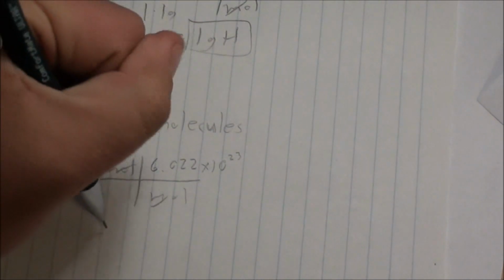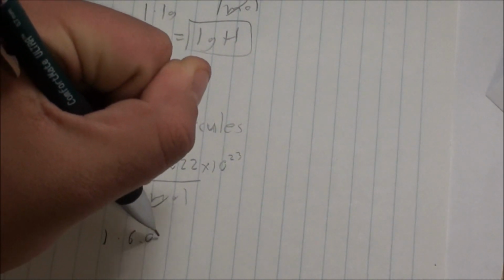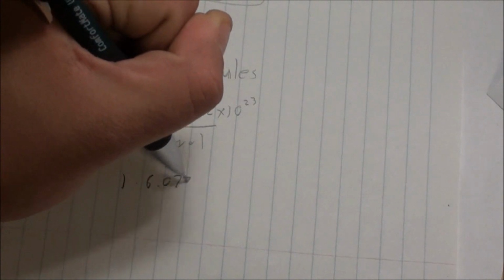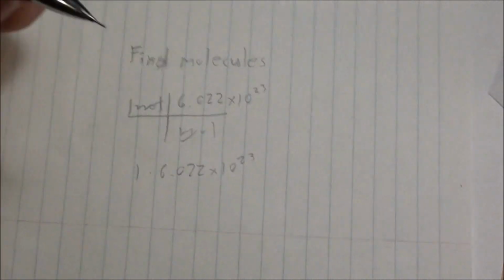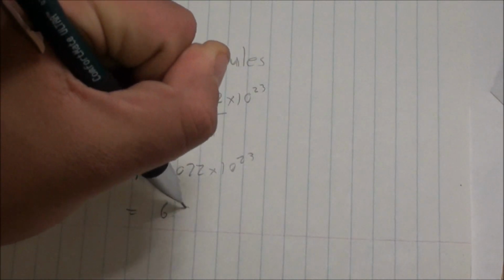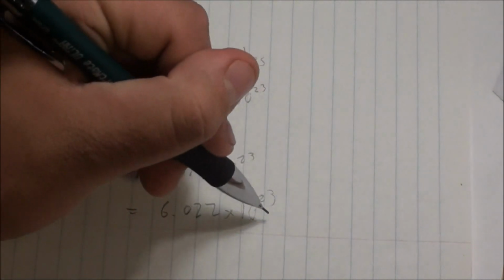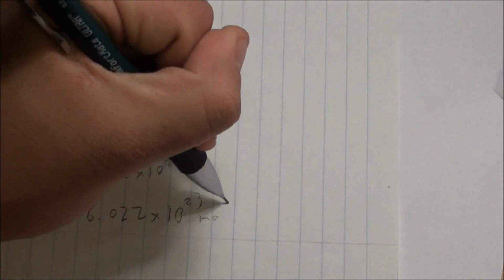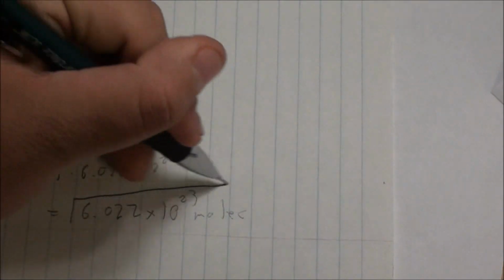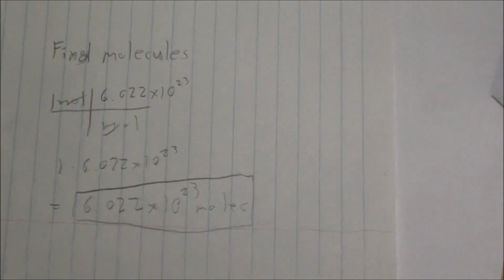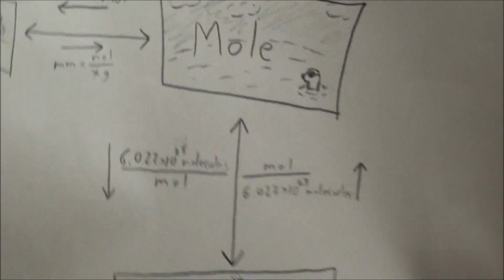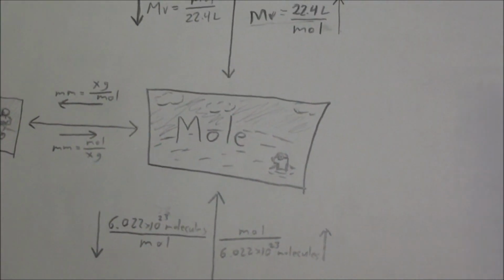Cancel out the moles, multiply the top, and then you have your answer. And that is how you use the mole calculator.